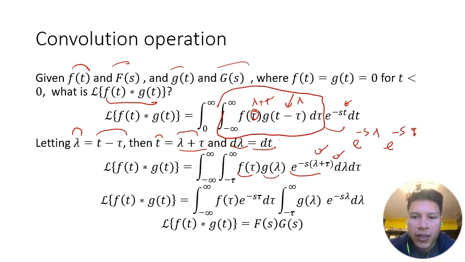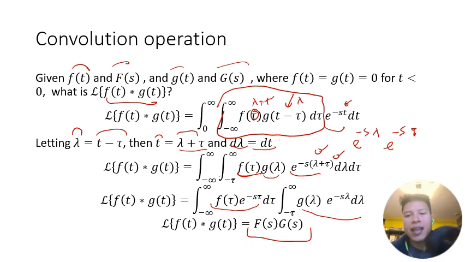Then what we're going to do is take all the tau integrations and put them together, and then take all the lambda integrations and put them together. And what we end up with is that the Laplace transform of the convolution is the product of the Laplace transforms. We're going to be using this extensively in the future.